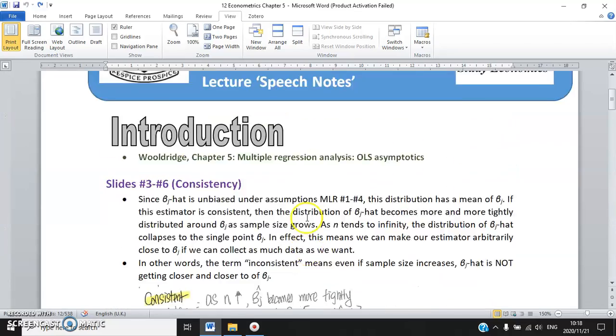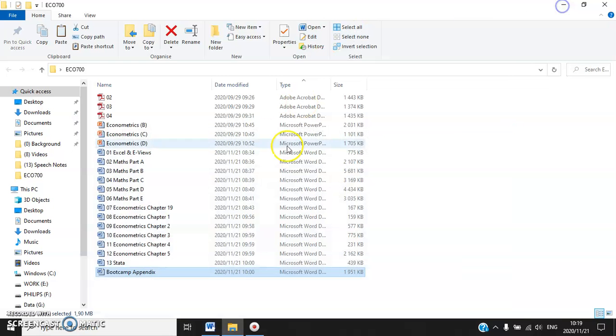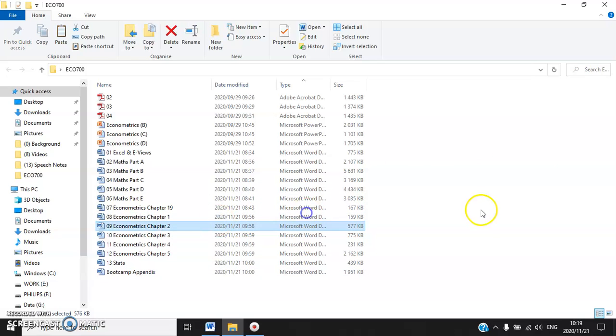So I think that's it for chapter 5. And in fact, I have covered all the chapters. Chapter 1, which is the basics, just to refresh your memory on what you learned in Eco 2 for 2 and 311. Chapter 2, mainly on the bivariate regression. Chapter 3 on multivariate regression.